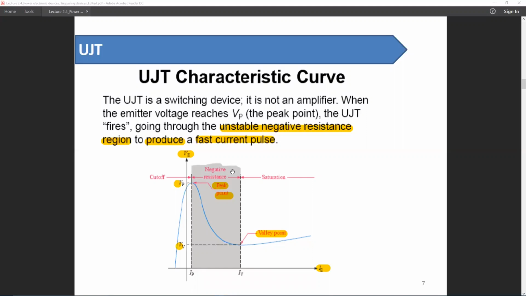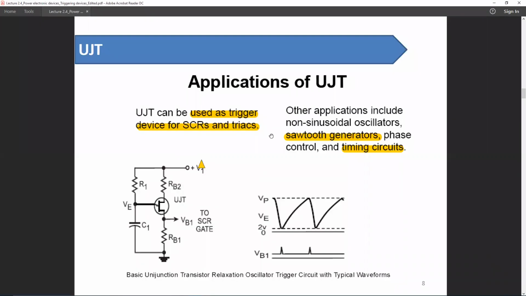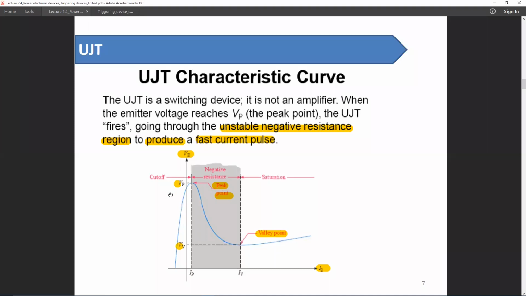But in case of a UJT, due to this negative resistance feature, the current will increase with a decrease in voltage. So when discussing the applications of UJT, we have to keep something in our mind. The UJT turns on at Vp, it turns off at Vv, and it produces a fast current pulse.